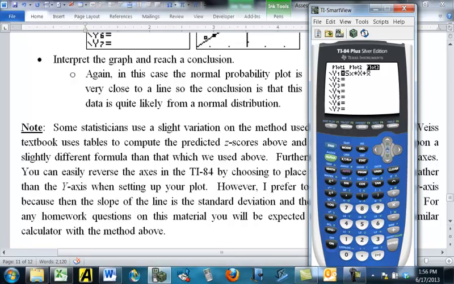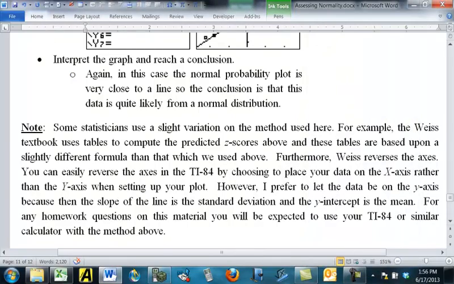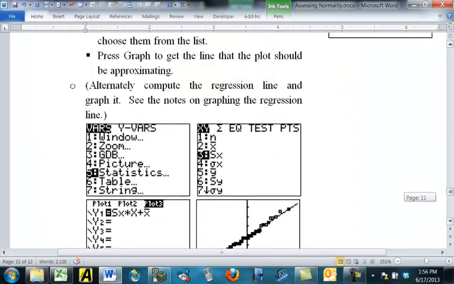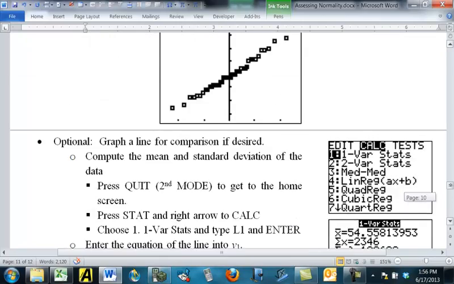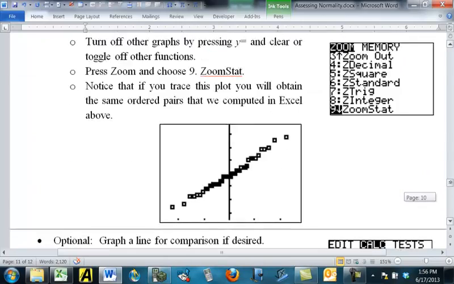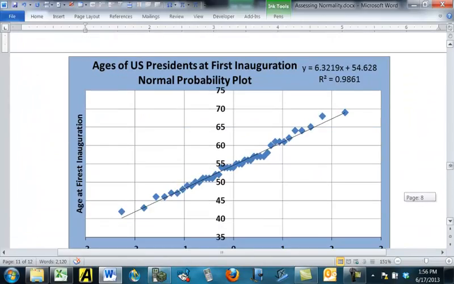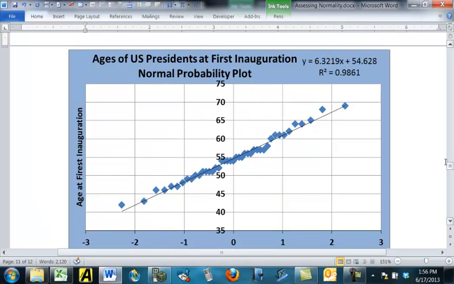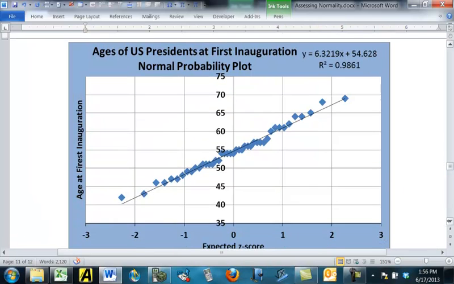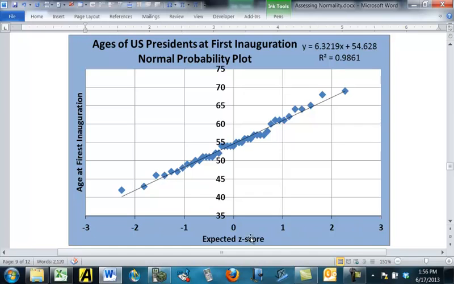So that's why I prefer the way we had it set up to begin with, so that the x's are the expected z's and the y's are the data values. So here it is, you kind of can see it with the labels. The expected z-scores are x's, and the age at inauguration, the actual data values, are the y's.